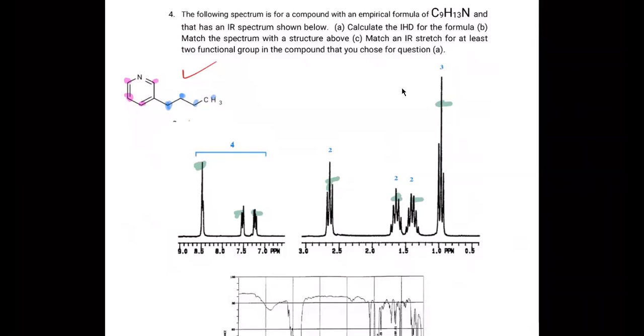Shouldn't the number of signals be equal to the number of non-equivalent proton types? Yes. Don't be scared to say yes. The number of signals tells you how many different types of protons you have. If you got 8 signals, then that means you got 8 different types of protons in a given molecule. If you got 10 signals, it means you got 10 different types.